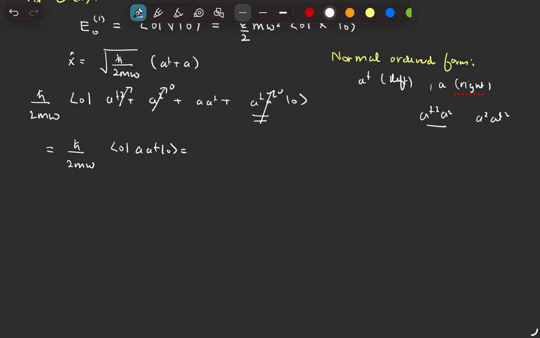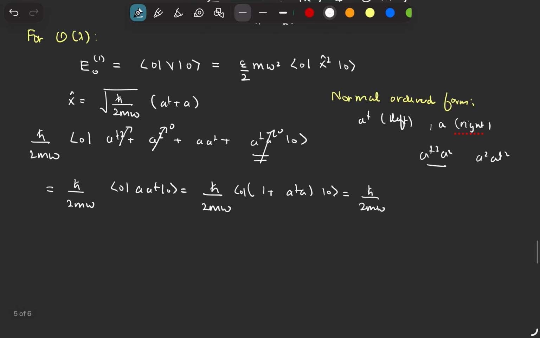You want this expectation value, and this will be h bar upon 2m omega, 0 1 plus A dagger A 0, and this will be h bar upon 2m omega. Great. So this is the expectation value.